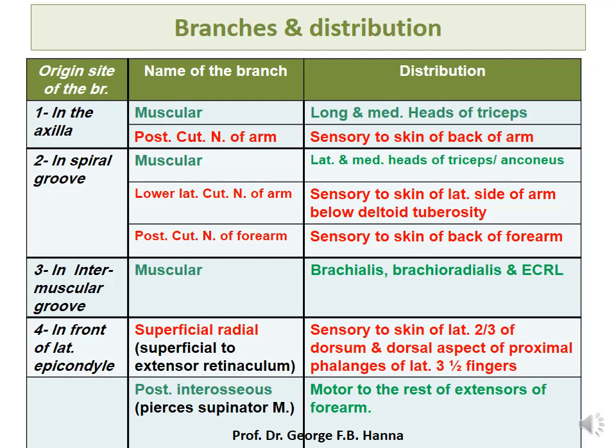Remember that extensor carpi radialis longus, which is one of the extensors of the forearm, is supplied by the radial nerve itself before it terminates into superficial radial and posterior interosseous.